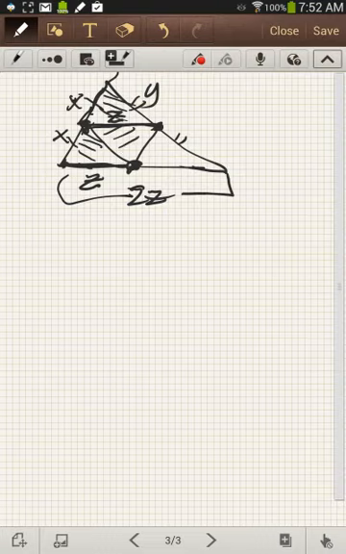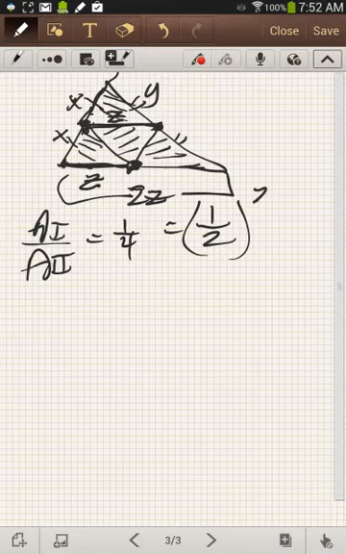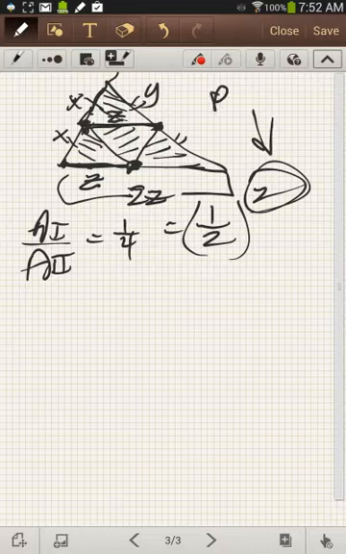In fact, all 4 triangles are congruent. So this would be a visual approach. And once again, we'd have the area of the small triangle to the big triangle is the ratio of the sides quantity squared. This is the big idea here.